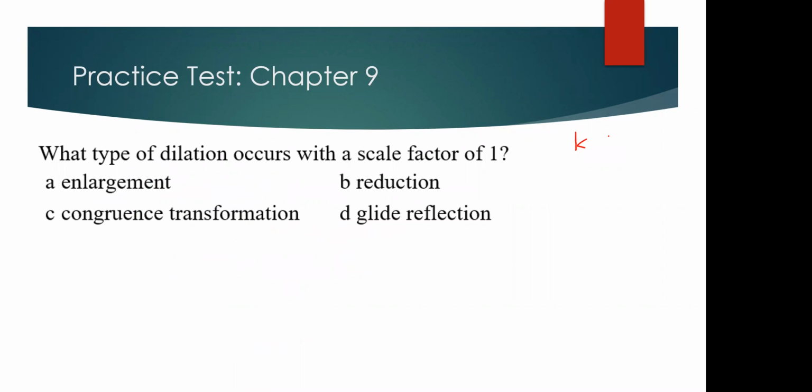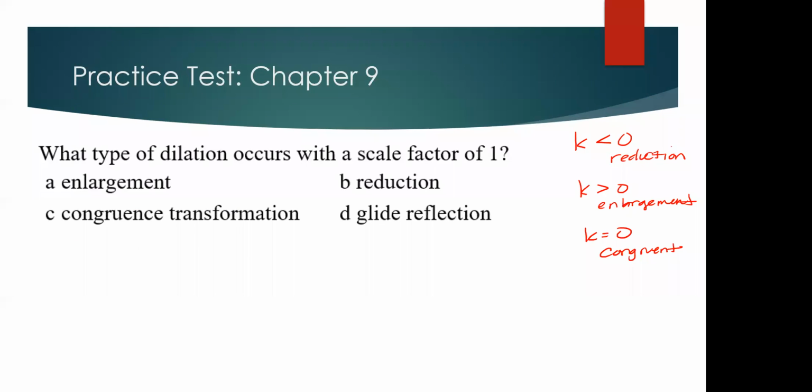So if k is less than 0, then it is a reduction. If k is greater than 0, then that would be an enlargement. And if k is equal to 0, then that would make the figures congruent.